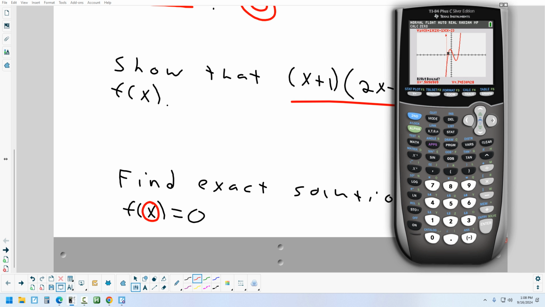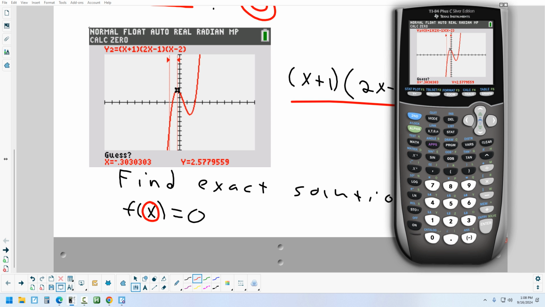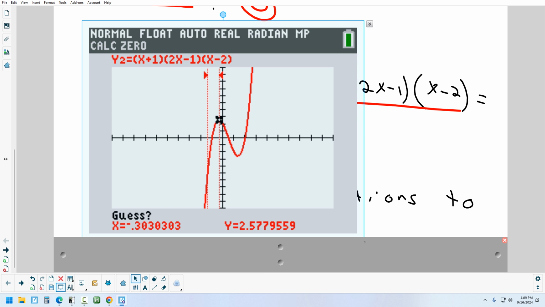Take your cursor, and the next thing it says to do is to put it to the right of where you know it crosses. Hit enter. If you did those 2 steps on the screen, you should now see 2 dotted vertical red lines. What you've done is you've told the calculator it crosses the x-axis somewhere in between those dotted lines.